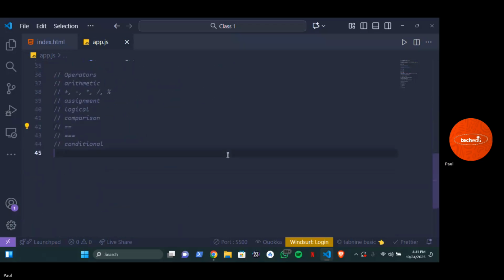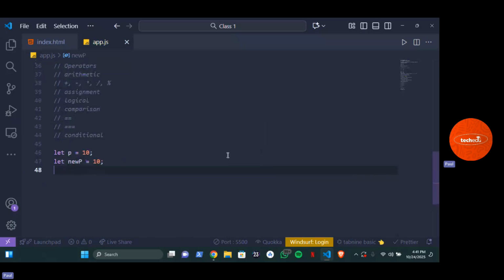Let me explain what I'm trying to say. I don't have any variable name. Let P equals 10, and let newP equals 10.